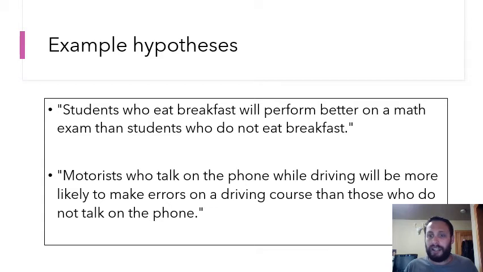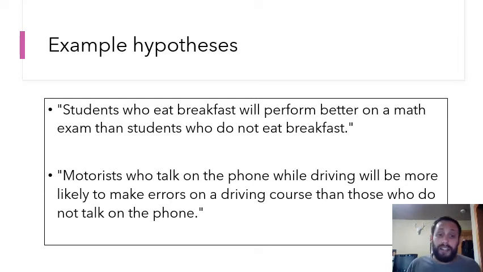I can manipulate it so that someone doesn't eat breakfast, or if I had them come into a room, I can manipulate it so that there is a breakfast condition or no breakfast condition. I have a clear operationalized variable, a math exam, so I can test math ability through this exam to see their scores. Additionally, I have a very clear comparison group: students who do not eat breakfast.